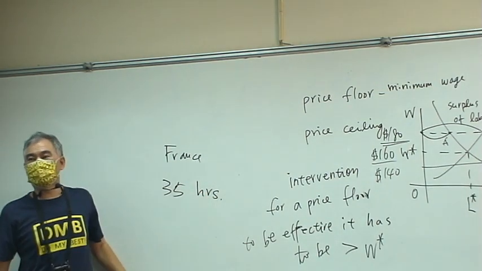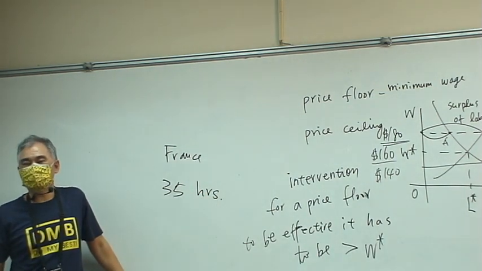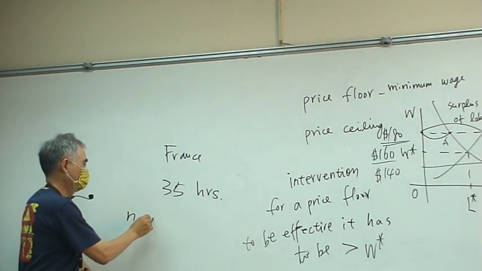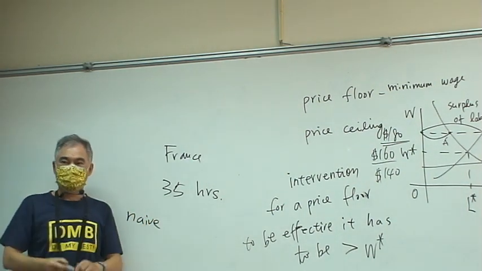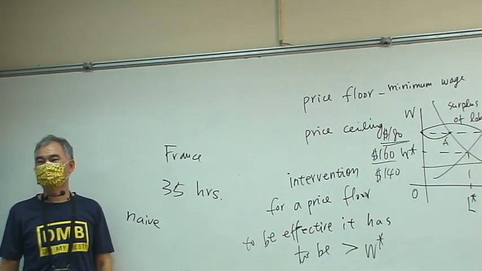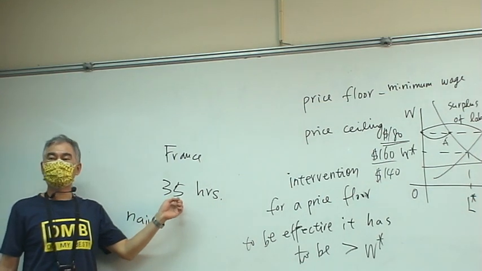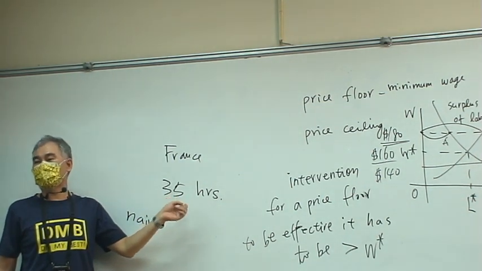And so the French president is very naive. So what's naive? Stupid. Okay? What's the idea? He said, okay, now people work for 35 hours.